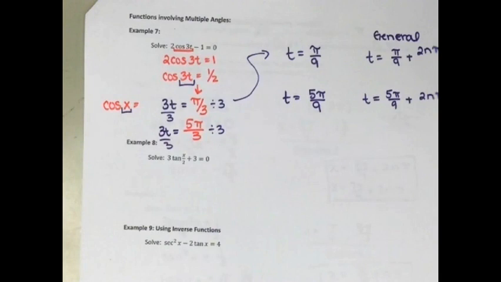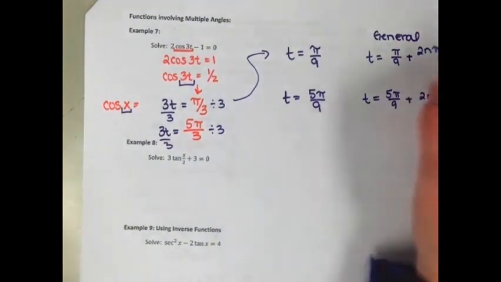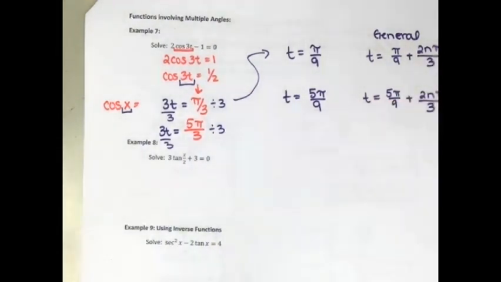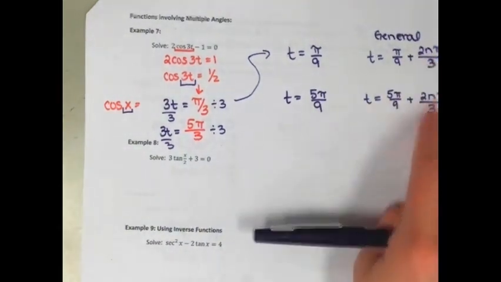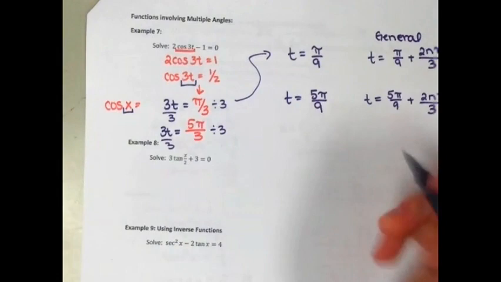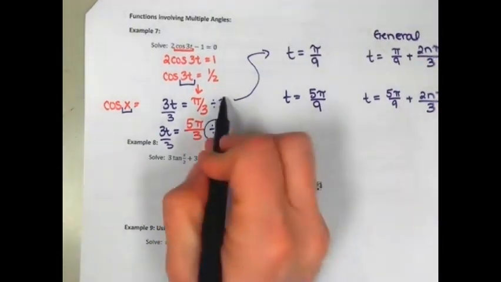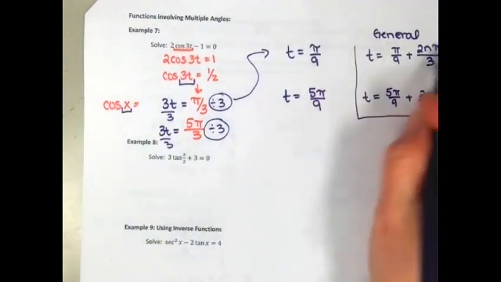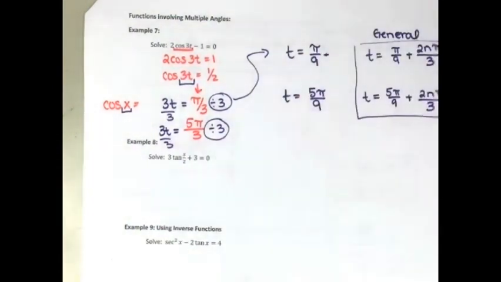We had to divide by 3, right? So guess what? We have to divide our general form also by 3. Now, if we multiply by 3, then I'd multiply each one of these by 3, right? But because I had to do this dividing by 3, our general form also has to be divided by 3. Okay, does that make sense to you guys?